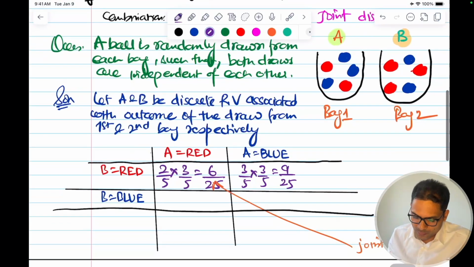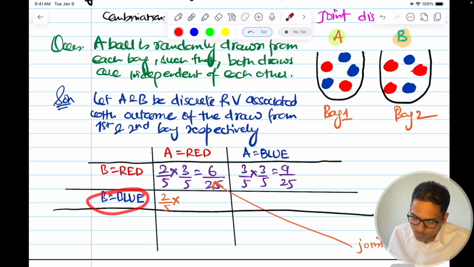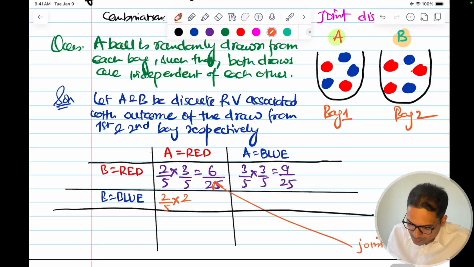Okay. Then getting a red in the first draw is 2 by 5 into getting a blue in the second draw is 2 by 5. That is equal to 4 by 25.